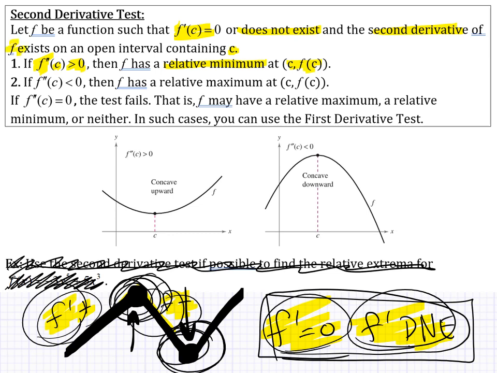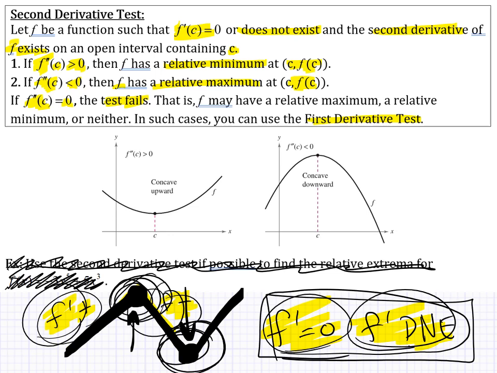Here's the other part: f has to exist. If we plug that point into the second derivative and get a negative, then f is going to have a relative maximum at that point as long as it exists. And thirdly, if we plug it into the second derivative and get 0, the test fails, which means we're not going to be able to use the second derivative test, and we're just going to go back and use the first derivative test anyway.